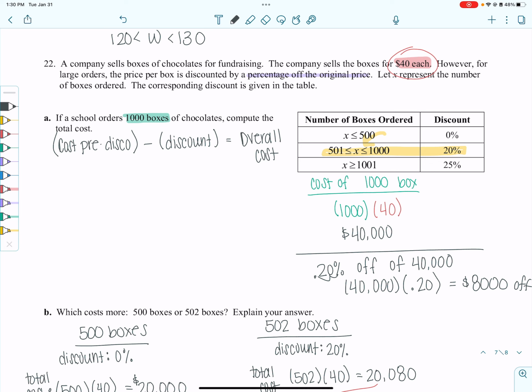They should have paid $40,000, but because of the discount, I'm going to take off that $8,000, and that gives me a total of $32,000 total cost.